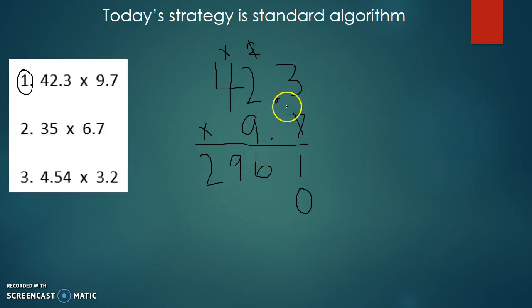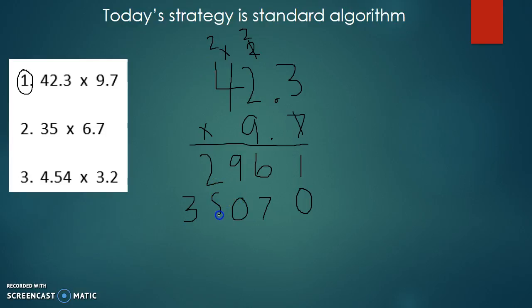So 9 times 3 is 27. Put my 7, regroup my 2. 9 times 2 is 18, plus 2 is 20. Put my 0, regroup my 2. 9 times 4 is 36, plus 2 is 38.